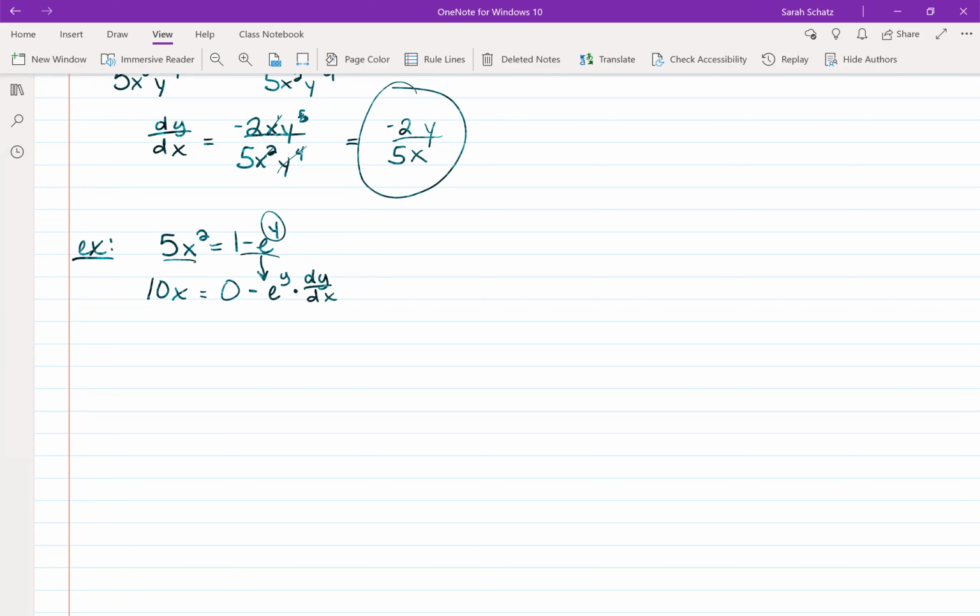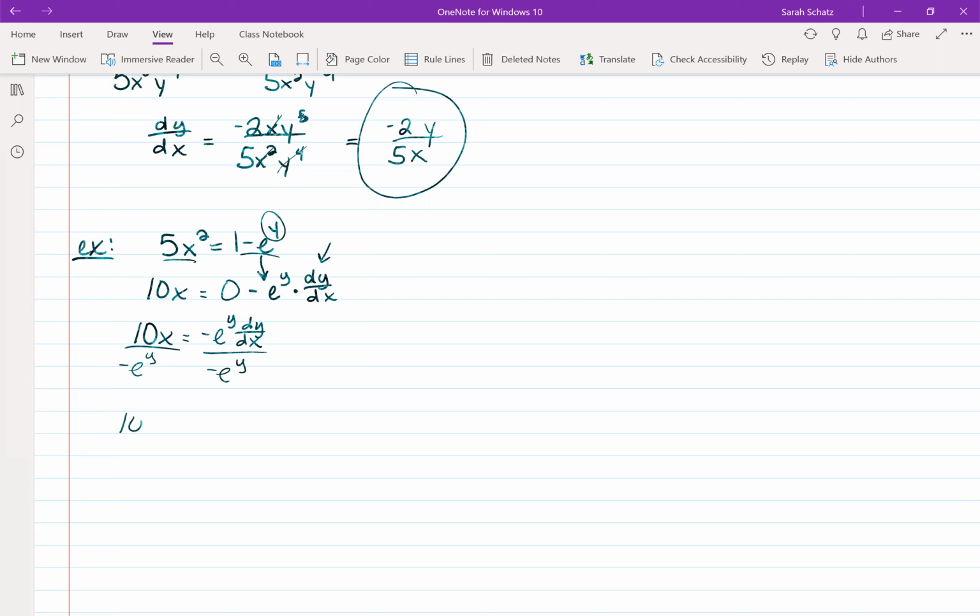So again, these derivatives, guys, with the y's, you do them exactly the same as if they were an x. All that ever happens is you get a dy dx on the end every time. So here I have 10x equals negative e to the y dy dx. Remember, your only goal is to solve for dy dx. So I'm just going to divide both sides by negative e to the y.